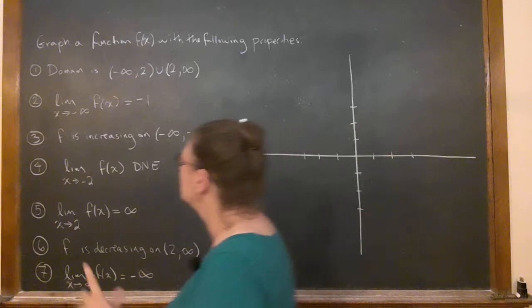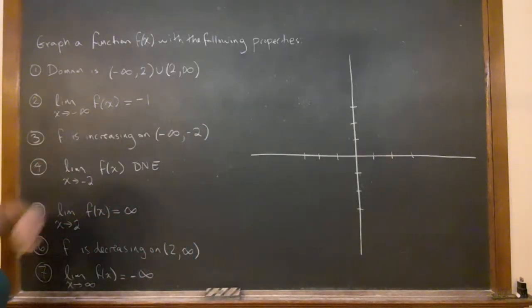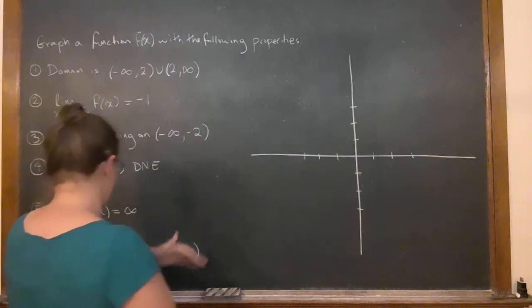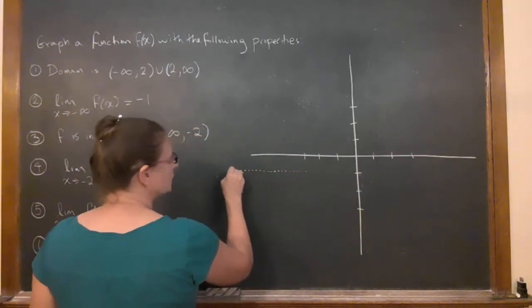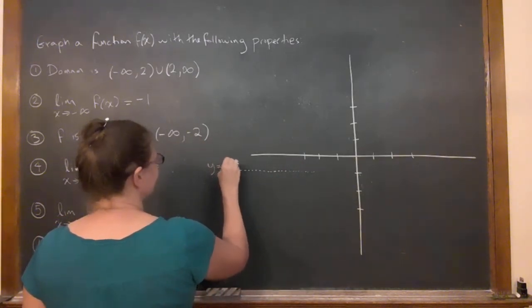And let's see. The limit as x goes to negative infinity of f of x equals negative 1. So that's going to tell me that I have a horizontal asymptote on the left-hand side. So I'm going to draw in my horizontal asymptote. I don't know how long it needs to be or where it needs to go.